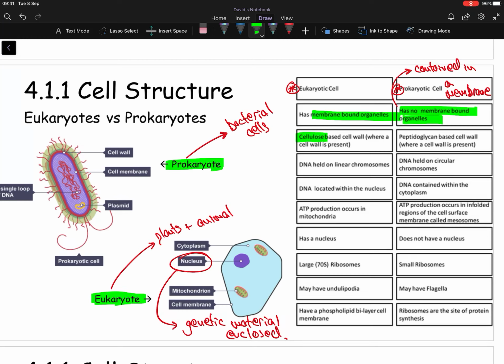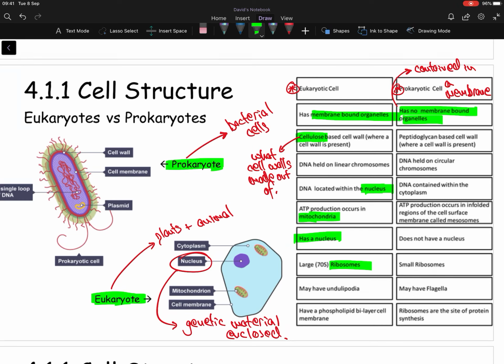So cellulose is what cell walls are made out of. You've got DNA on chromosomes, and DNA, importantly, is held within a nucleus. They have mitochondria, nucleus, ribosomes, and down here there's some extra information that is A-level, so don't worry too much about that.